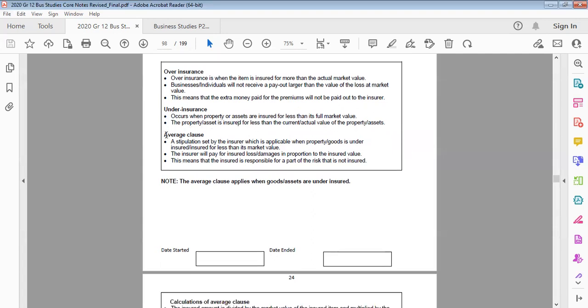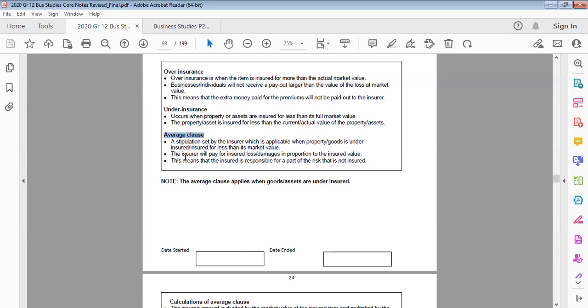And then the average clause is basically only included in under insurance, because the average clause is the sentence that states how much of the asset's value you will get protected for.